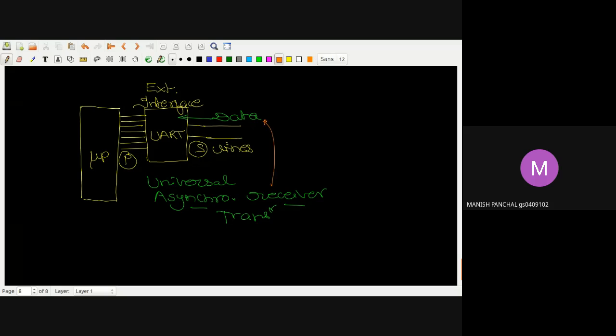And if it is transmitting some data, in this case it is called a transmitter. So it will act like a receiver and transmitter at the same time. Okay, so this is called the universal asynchronous receiver and transmitter.